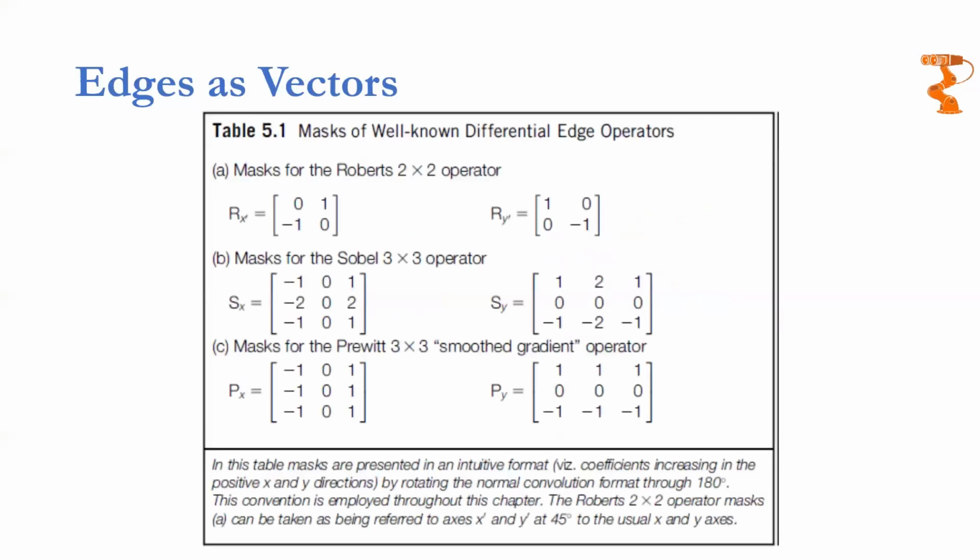So here are certain edge operators that can be used for this kind of detection. For example, if we talk about the Sobel operator, this one will give you the x direction edge, and this one will give you the y direction edge. And to figure out the combined direction, you can use the arctan function.